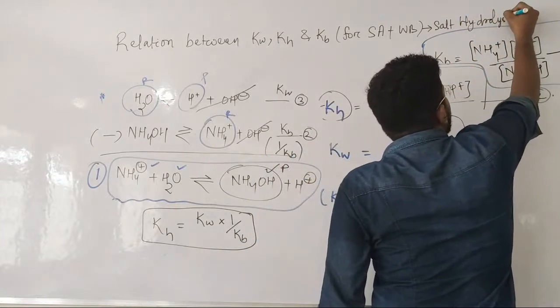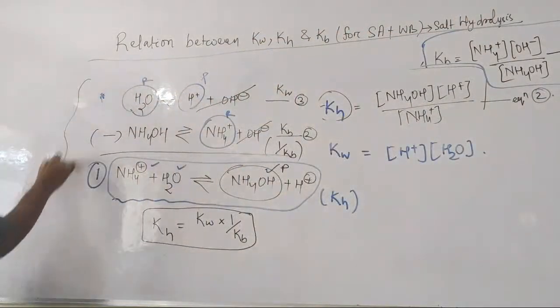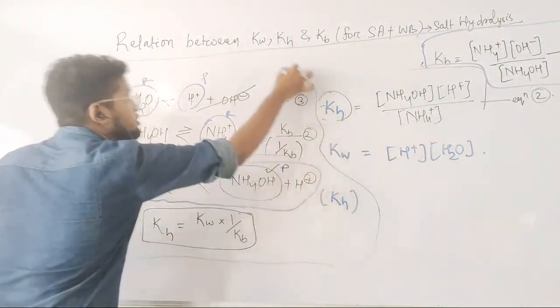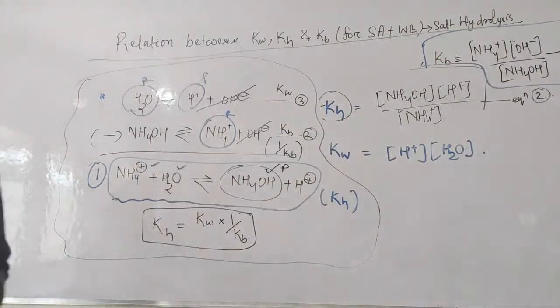So write down this heading and take a screenshot. Do you understand what the relation is? So write down or take a screenshot, then we will move to the next part.